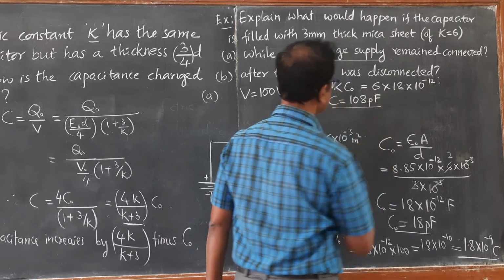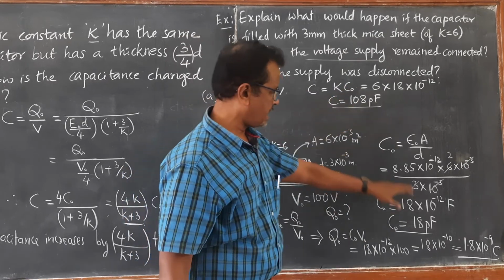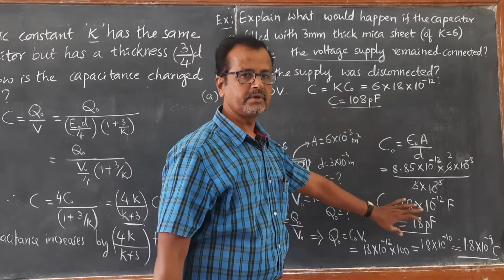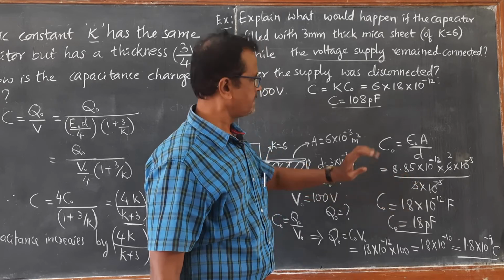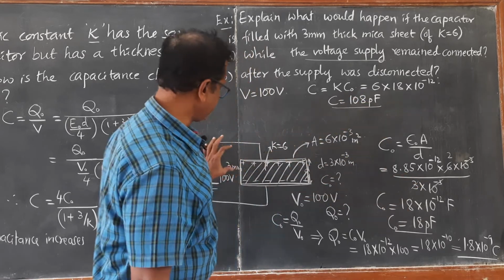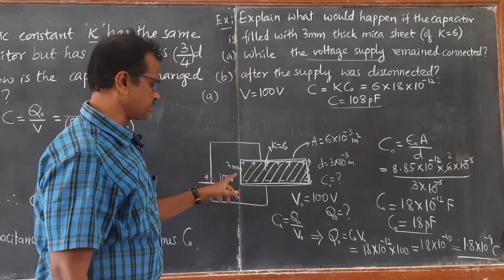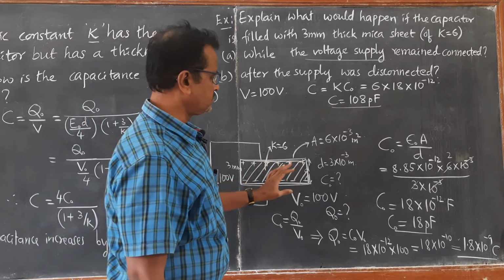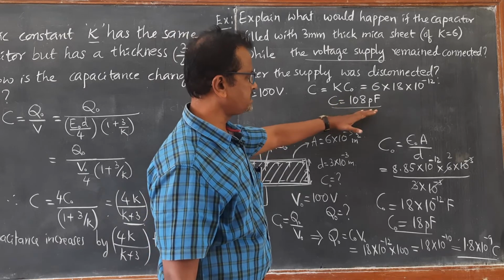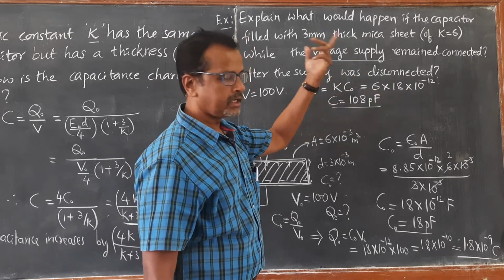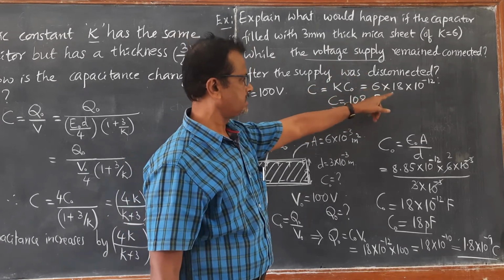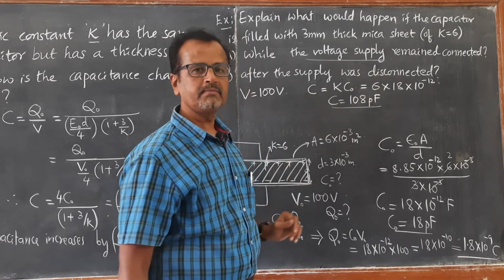You can just note down here, C naught is hardly 18 picofarad when it was filled with air, with free space. Now, when that free space is filled with mica of the same thickness of 3 mm with the same area, the capacitance has been increased K times, 6 times 18 picofarad, that is 108 picofarad.